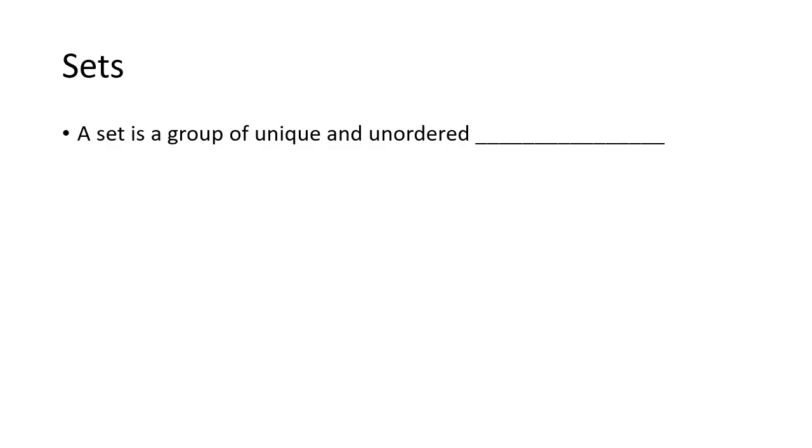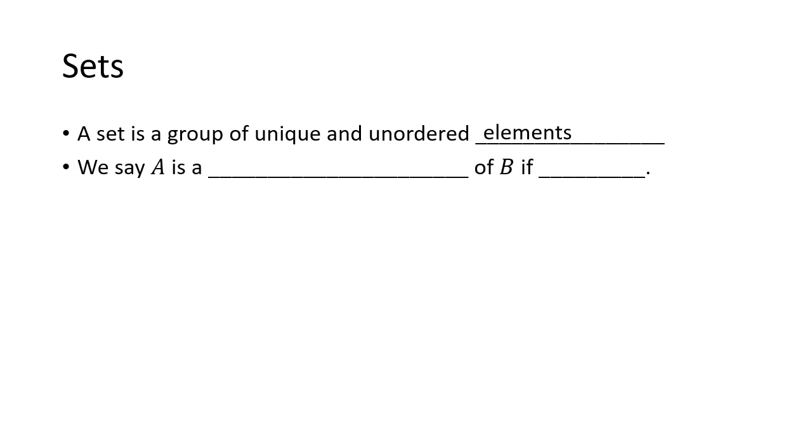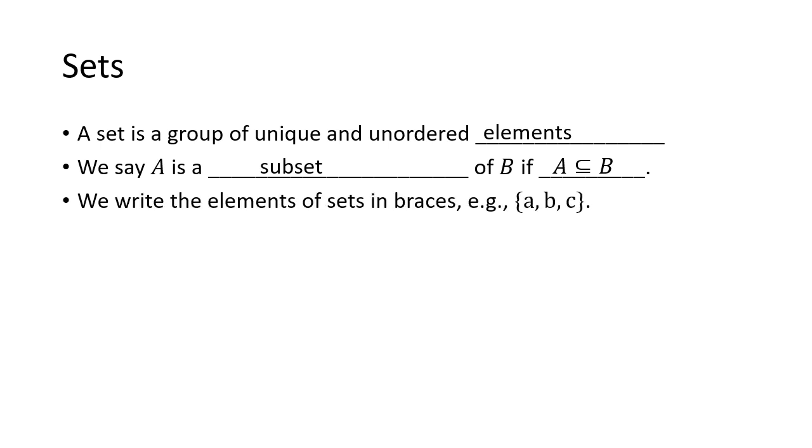A set is a group of unique and unordered elements. We say A is a subset of B if A is contained in B. So here we have the symbol for contained in, which means all of the elements of A are also elements of B. We write the elements of sets in braces, for example, curly brace A, comma B, comma C, close curly brace.